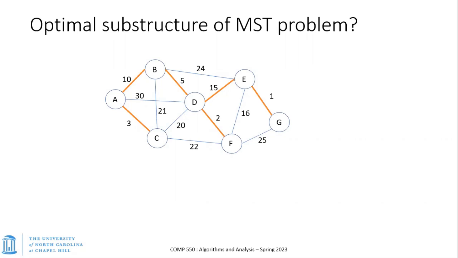So the question is, can we apply that to the minimum spanning tree problem? And can anybody think of a way how it could be applicable in the minimum spanning tree problem? Look at the problem and say, well, does it have an optimal substructure? Can anybody see the optimal substructure in the minimum spanning tree?